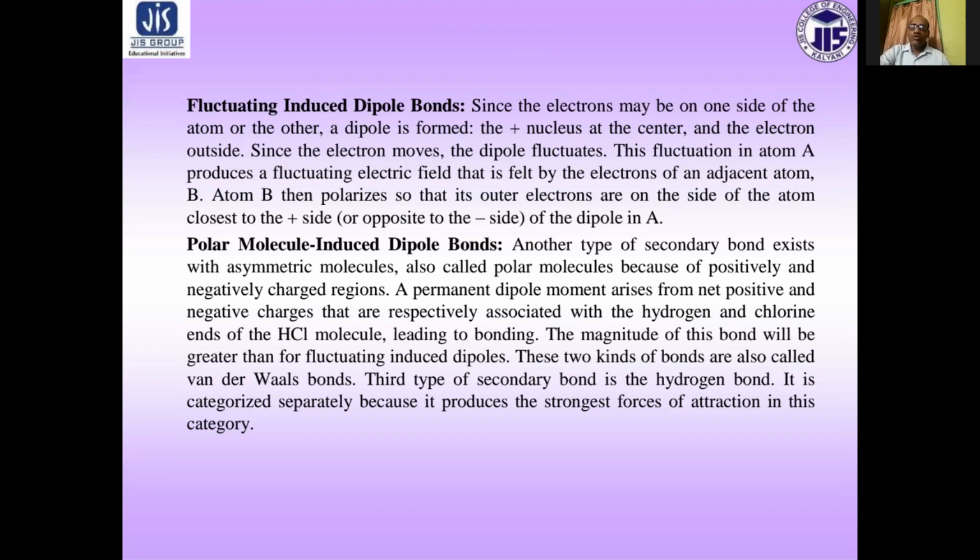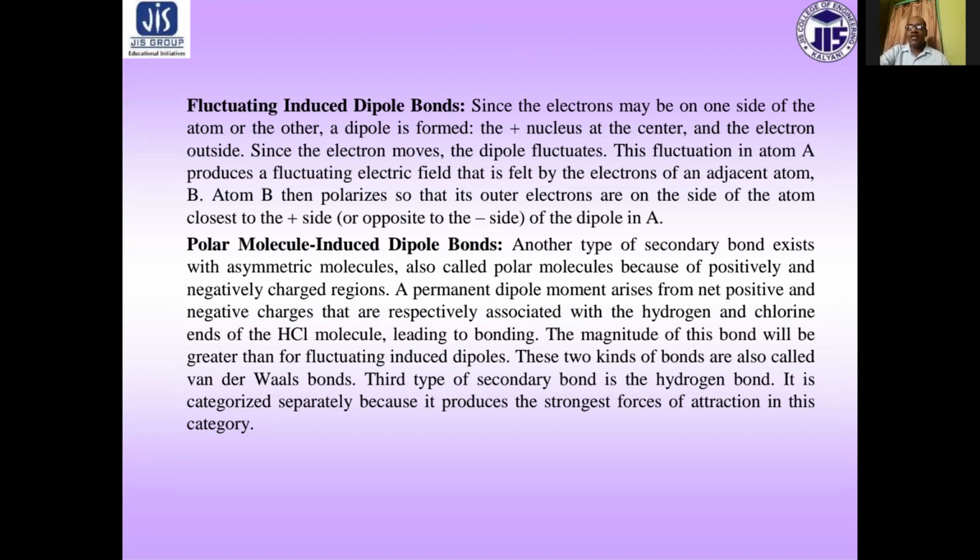Polar molecule induced dipole bond. It is another type of secondary bonding that exists with asymmetric molecules. Also, they are called polar molecules because of positively and negatively charged regions.